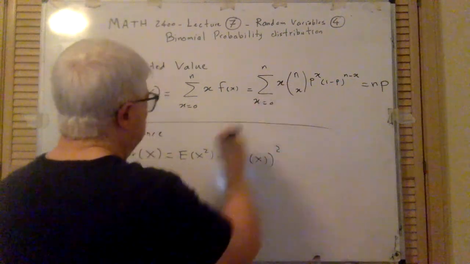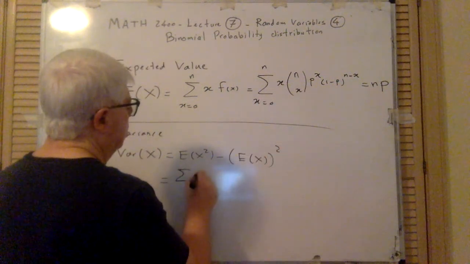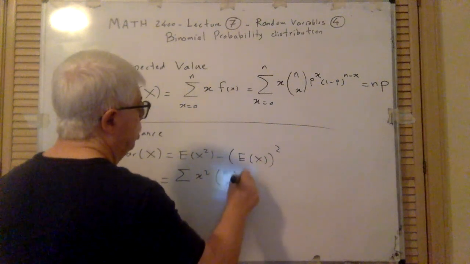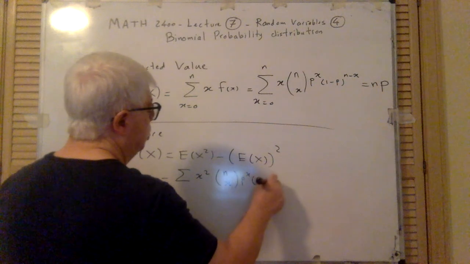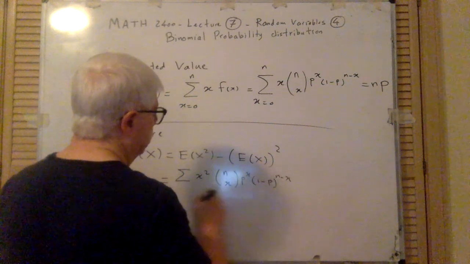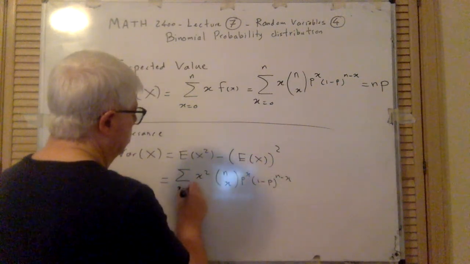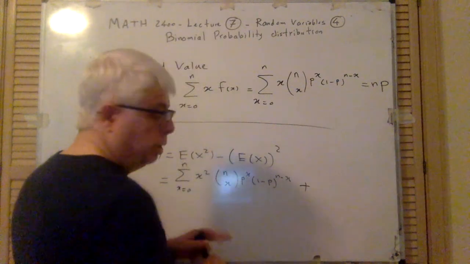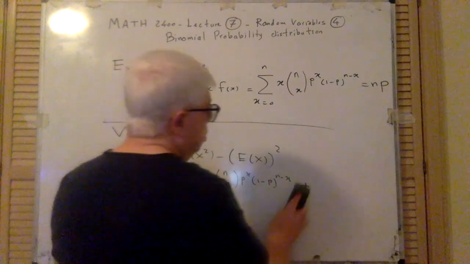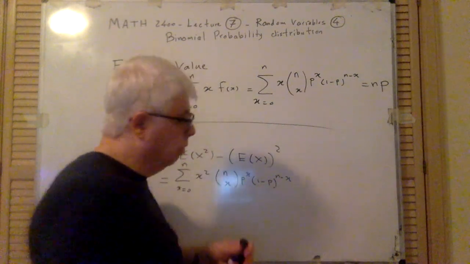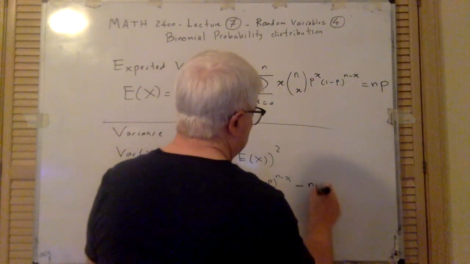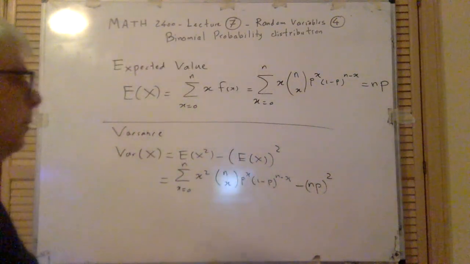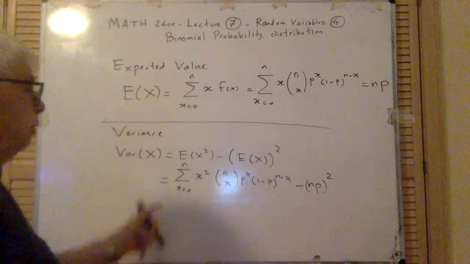E of x squared is the sum of x squared times the binomial probability, p to the power x, 1 minus p to the power n minus x, where x goes from 0 to n, minus E of x, which is np, squared. Okay, so I have to find this sum.